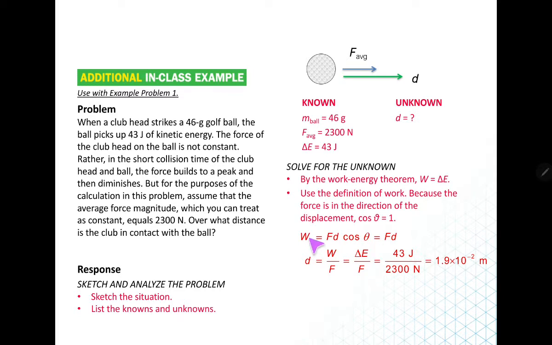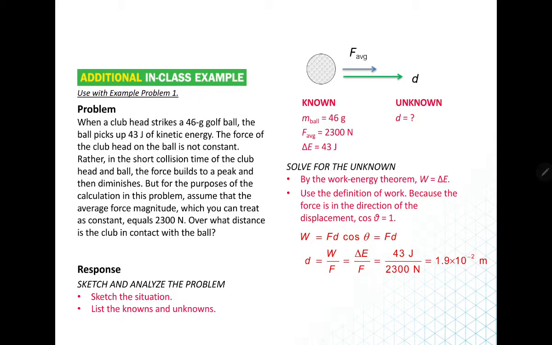Our law will be W equals F d, because it's multiplied by 1, so we can cancel it. When you need to find d from the equation, d equals W over F, because we need to calculate the distance. W, the work, is exactly the same as the energy.